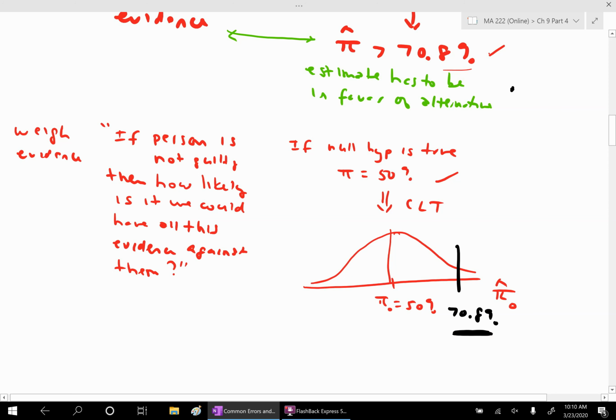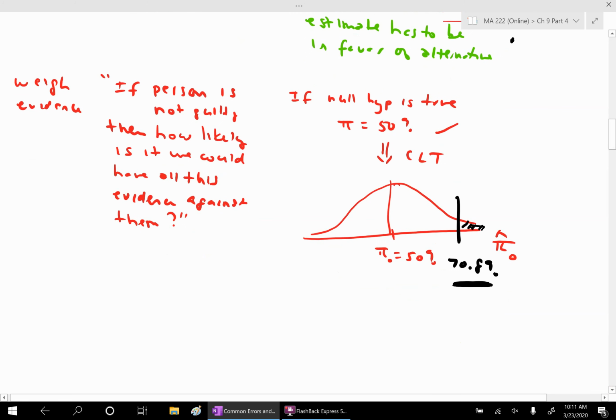And we know that how likely is code word for percentile. And so we were able to use a normal distribution and the central limit theorem to figure out how likely it is that we could get our observed sample percentage if it came from a population of indifferent rats. And what we found was this percentile was less than 2%. And we said this percentile we call a p-value.